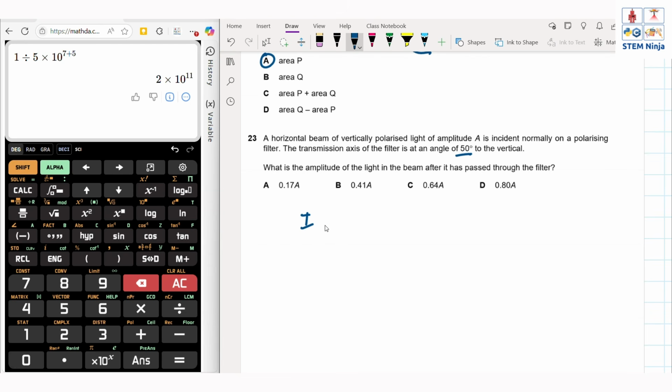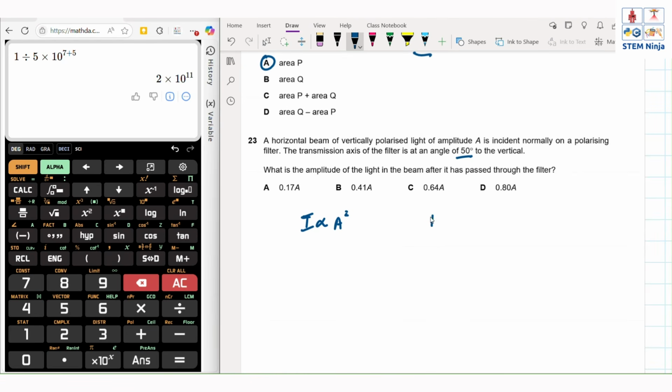Okay, we know that the intensity is directly proportional to the square of the amplitude. Malus's law suggests that the polarized wave's intensity is related by I equals I naught cos squared theta, where theta is the angle difference between the transmission axes of the filters.